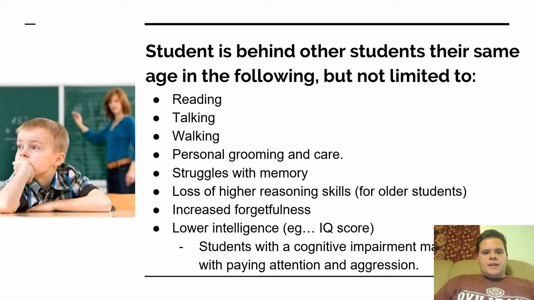They are behind in reading, talking, walking, personal grooming and care. They struggle with memory. They sometimes have a loss of higher reasoning skills, increased forgetfulness, and lower intelligence, so IQ scores. And students with cognitive impairments may also struggle with paying attention and can get aggressive very easily.